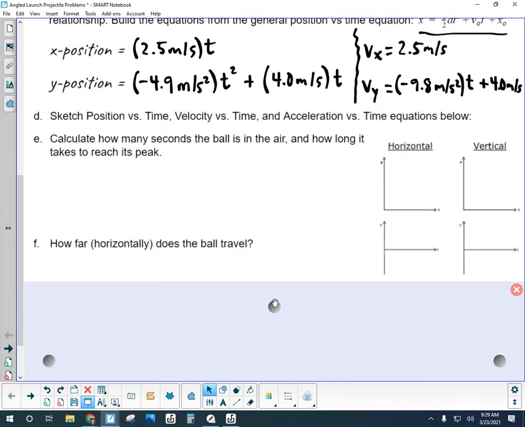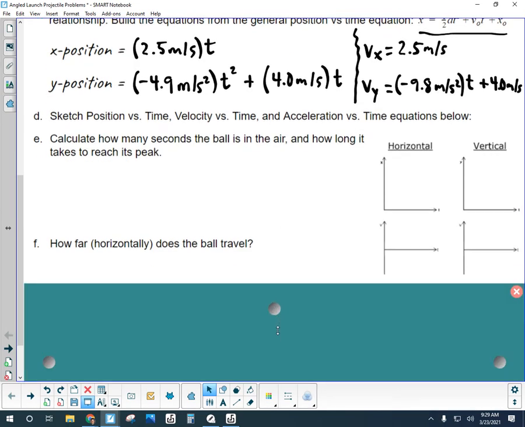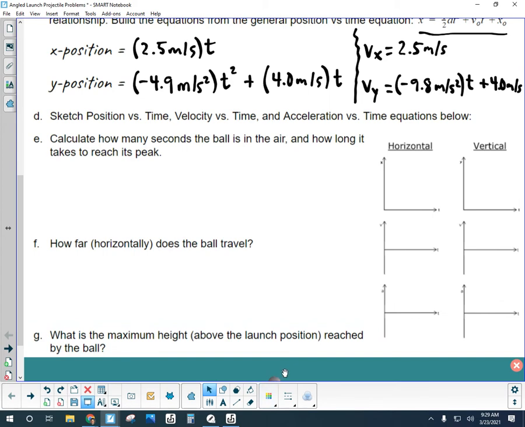So I think we quickly drew the graphs yesterday. Let's think about those again. I lost them somewhere along the way. So the horizontal, my x direction versus my y direction. In the horizontal, I start at position 0, and I have a steady increase in position, a slope of 2.5 meters per second, going to be linear.